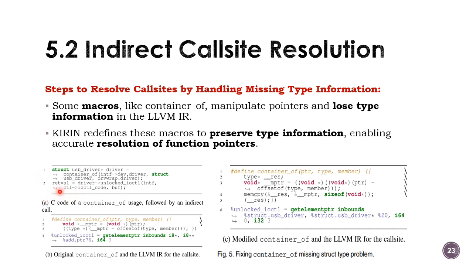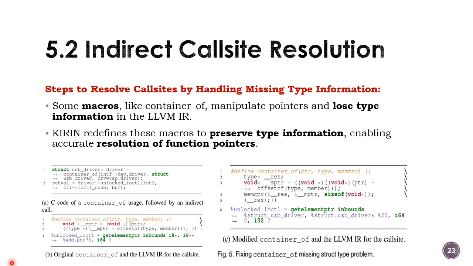Here we have retval equals driver.unlocked IO control. So it's using the driver to make an indirect call through the definition of the struct. So this is clearly an indirect call. The original definition of the macro that we mentioned here is container of. Here's the definition.